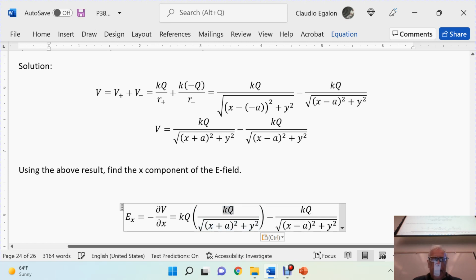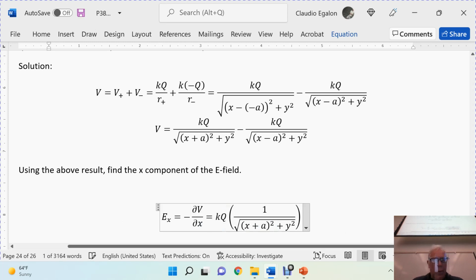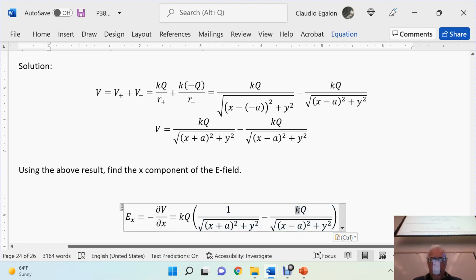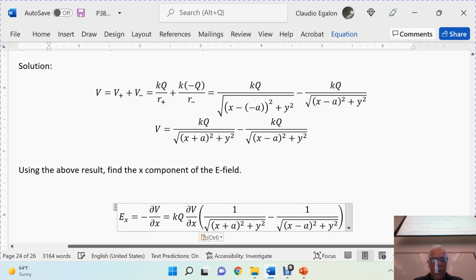That's going to be 1 divided by that. And then we're going to have the partial derivative on the outside.